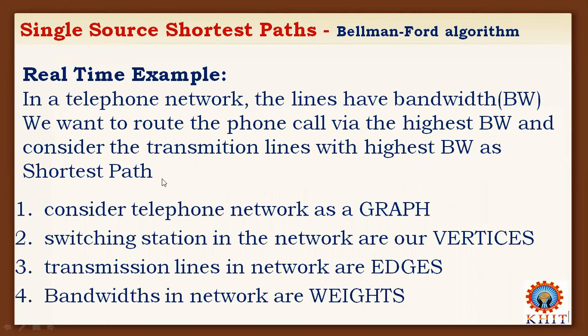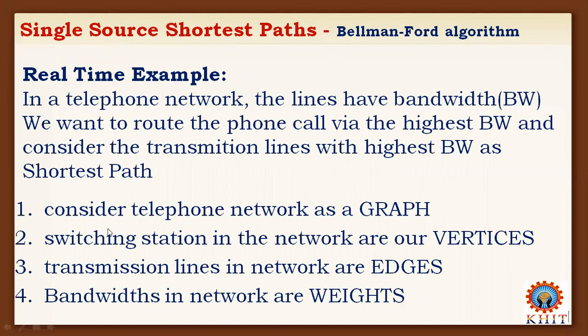So if you want to establish a well qualified telephone network among different cities through the connected mode, this problem will be very useful for designing the single source shortest path to cover all the cities.